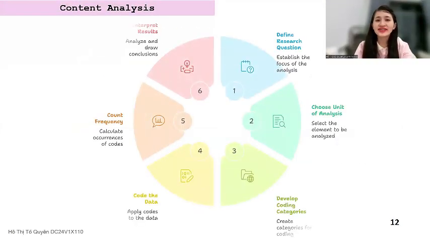As you know, content analysis is another research method that focuses on studying written or spoken data, while thematic analysis looks for meanings and patterns. Content analysis is more structured. It involves counting, grouping, and comparing information. This method can be used in both qualitative and quantitative studies.